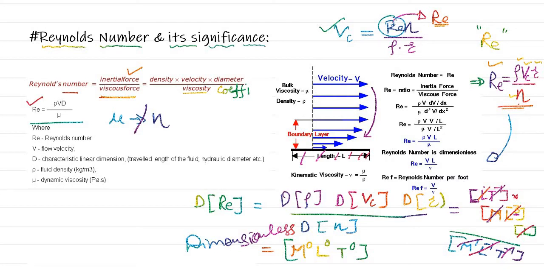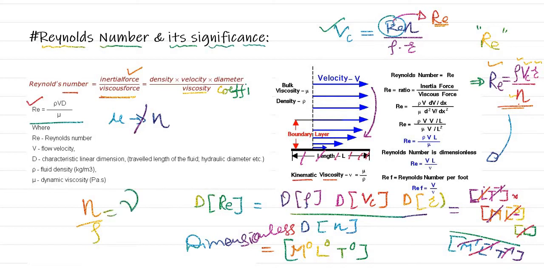Okay. Again, one more thing: we can write the Reynolds number in terms of the kinematic viscosity. Kinematic viscosity means the coefficient of viscosity divided by the density, and it is denoted by nu.